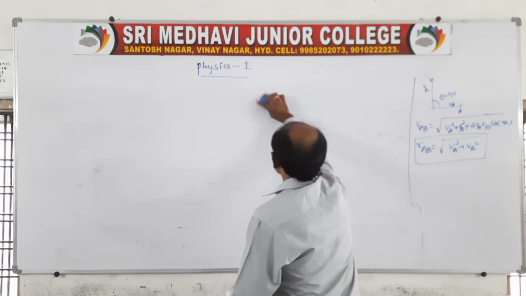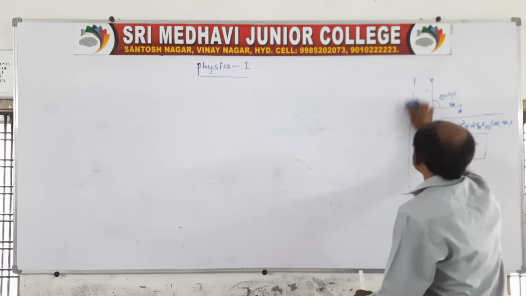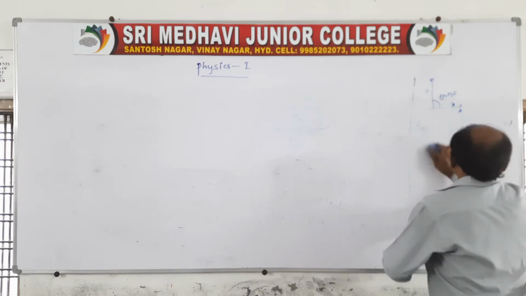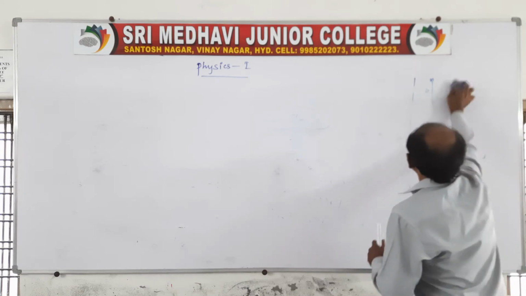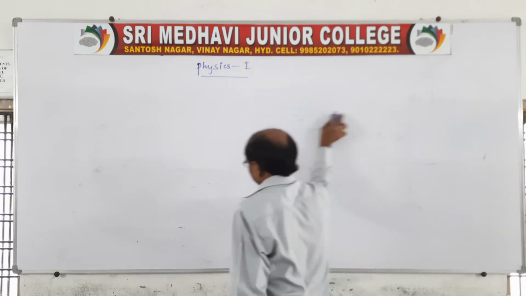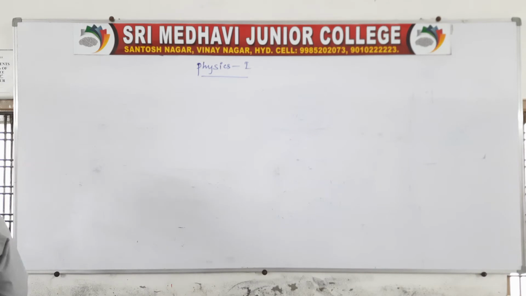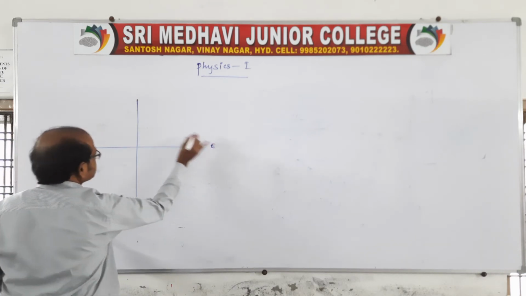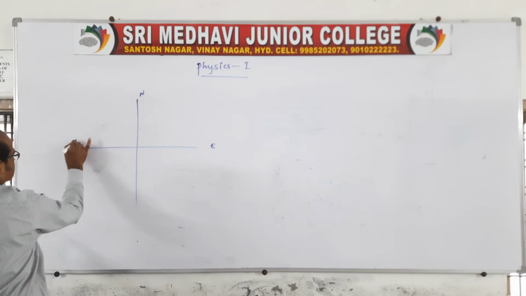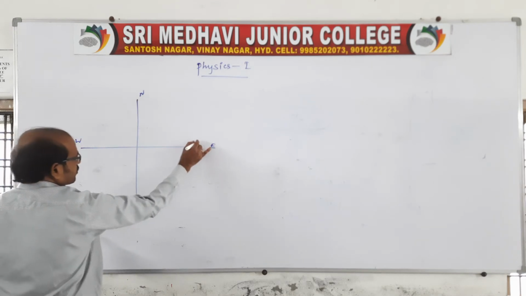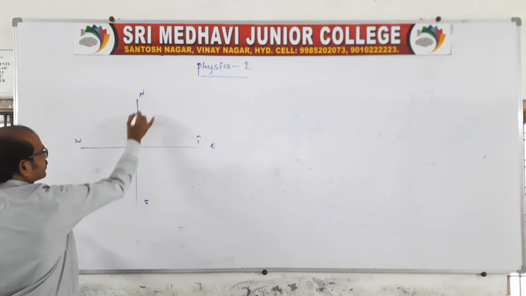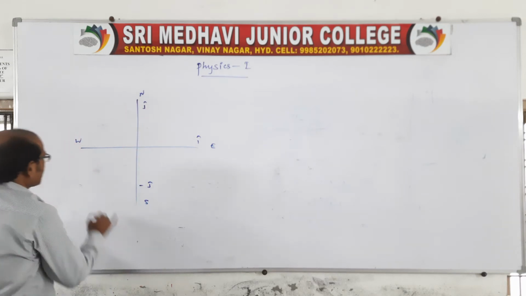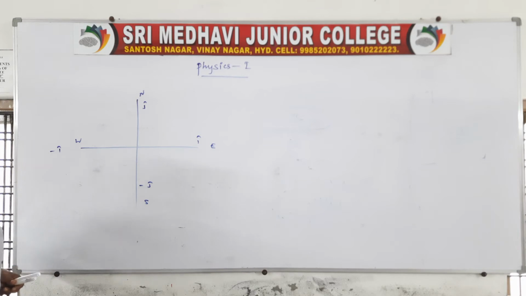When the cyclist is moving with a velocity VC, the question will be like this. Take east, north, west and south. East is represented as I, north is represented as J, south is represented as minus J and west is represented as minus I.